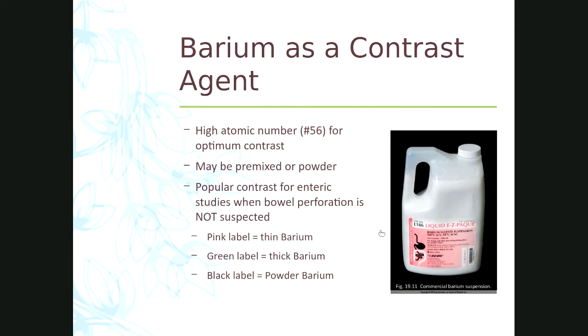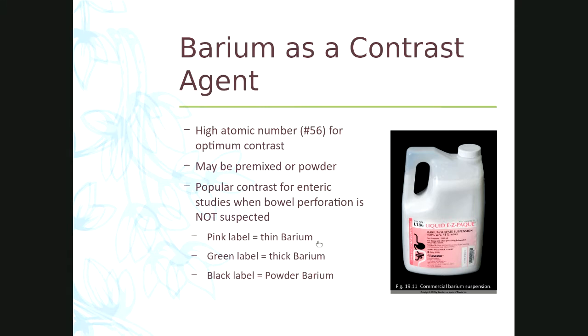You can see how this barium has a pink label. Typically, a pink label implies that it's thin barium, meaning the ratio of mixture is 1:1, which is typically 1 part water to 1 part barium. If it had a green label, it would be considered thick barium, and typically that is 3 to 4 parts barium and 1 part water.